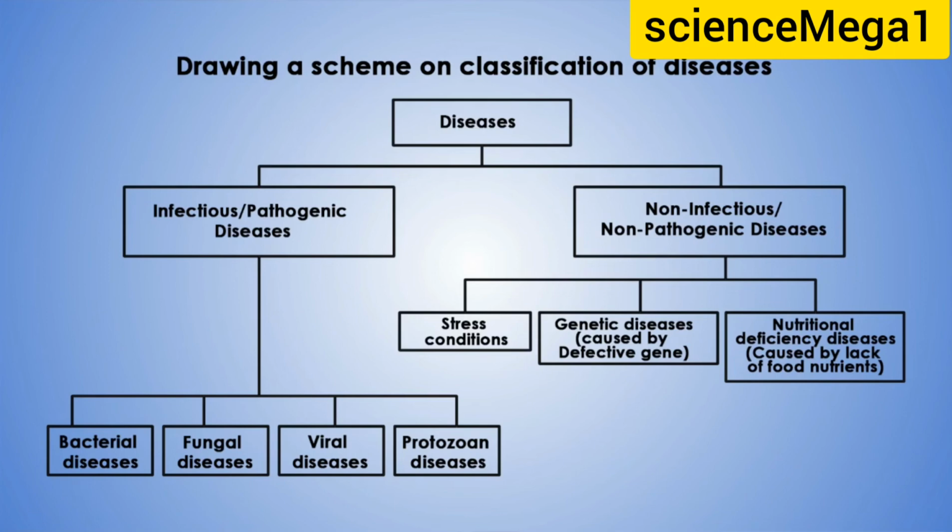We have fungal diseases, we have viral diseases, and we have protozoan diseases. Now for the non-infectious or the non-pathogenic diseases, we said a disease condition may arise as a result of stress conditions or genetic diseases, which is passed on from parents to offsprings. Then nutritional deficiency diseases. Those are diseases caused by the lack of one or more nutrients in the diet of a person for a long time.